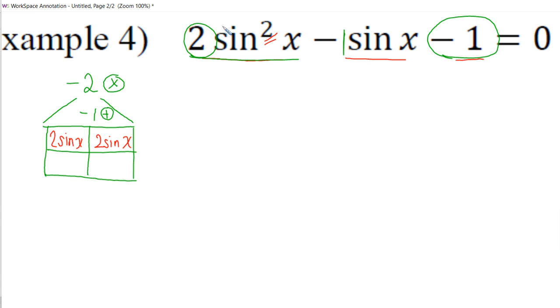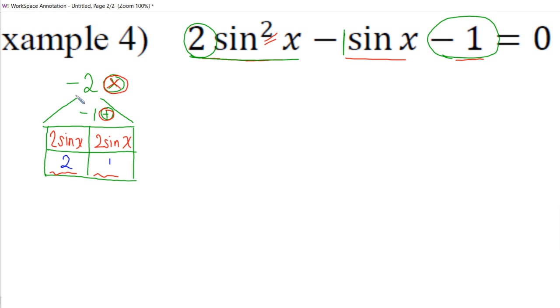Okay? Now here's what you're doing. You're essentially finding two numbers right here. You're finding two numbers that are going to multiply to give you the first times the last and add to give you the middle number. The way I think about this is I think, okay, what times what gives us 2? I'll write down 2 times 1. And to multiply to give you negative 2, one of them has to be negative.